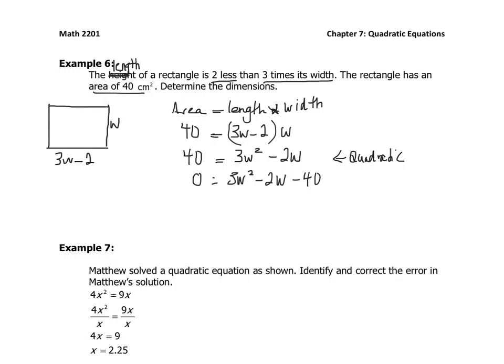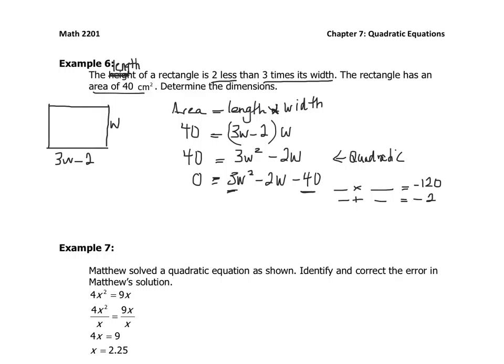This one is not one that many of you would choose to solve by factoring once you know the new method we're going to learn in the next section, solving by quadratic formula. But right now, the only method you know is factoring. 3 can't factor out as a GCF, so you'd have to look for two numbers that multiply to give negative 120 and add to give negative 2.